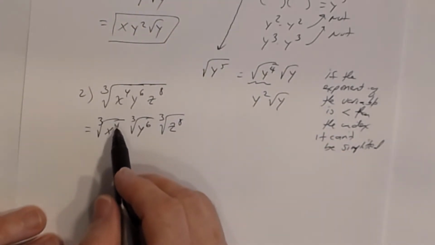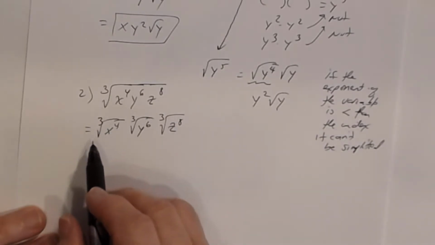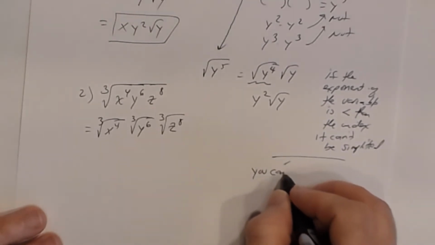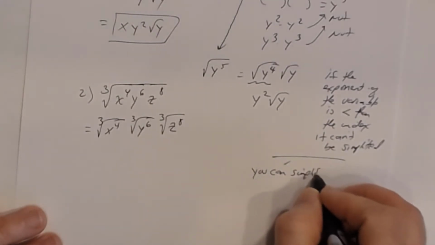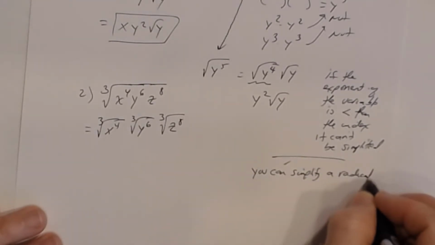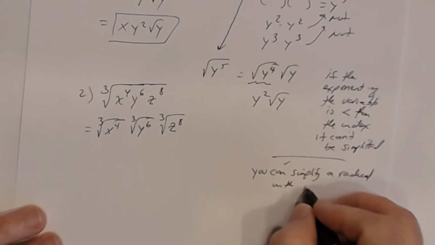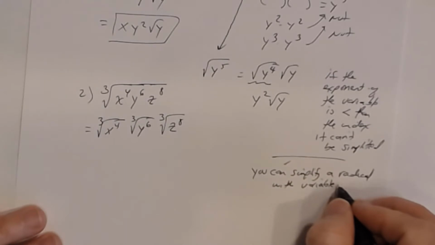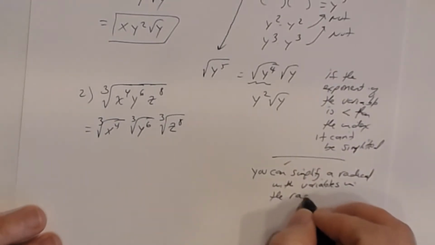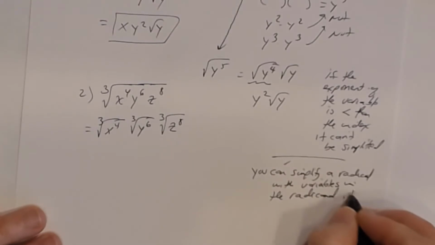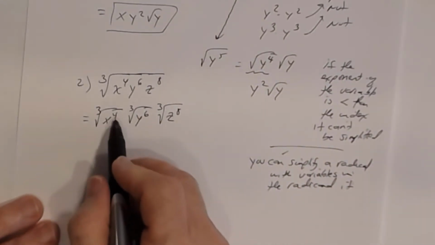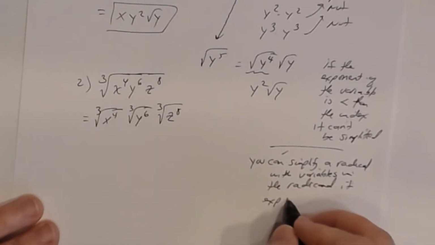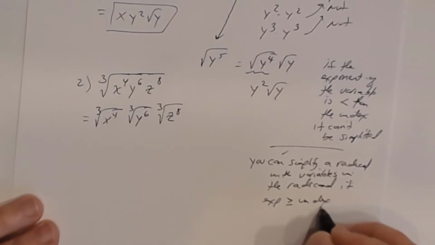Yes, because the exponent is greater than or equal to the index. So just remember this: you can simplify a radical with variable expressions in the radicand if the exponent is greater than or equal to the index.